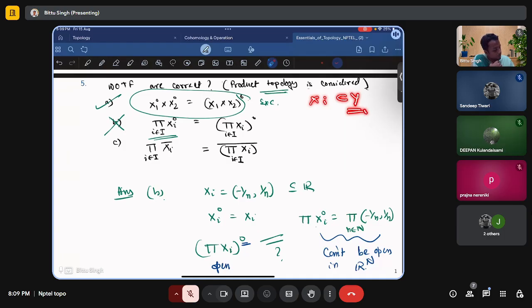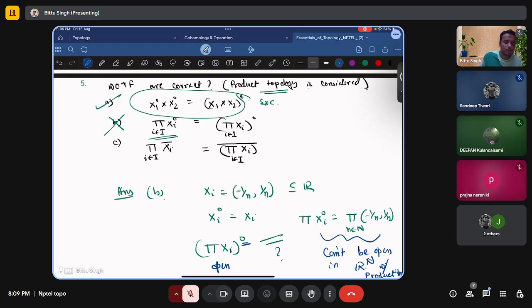So here Y is our R. So we have seen that this is open but this is not open in R^n with respect to product topology.